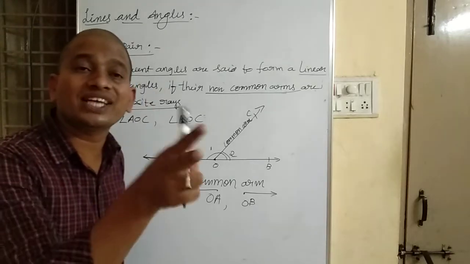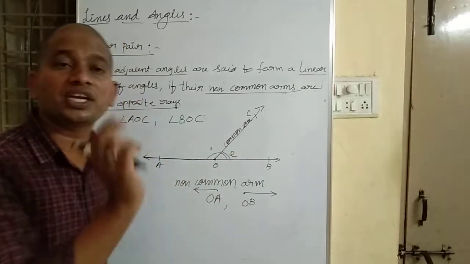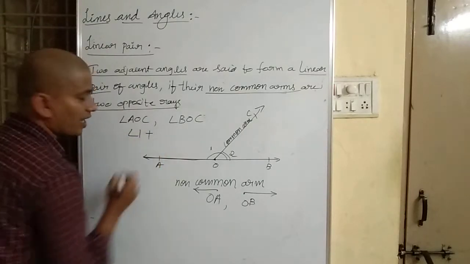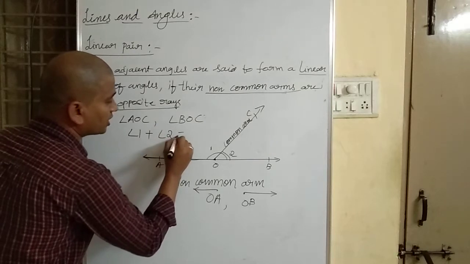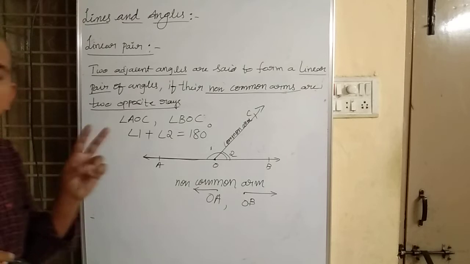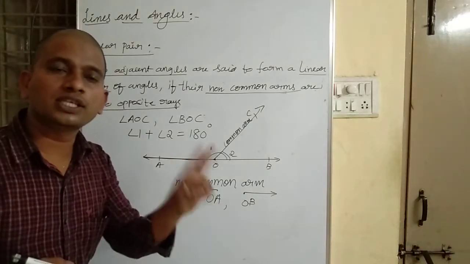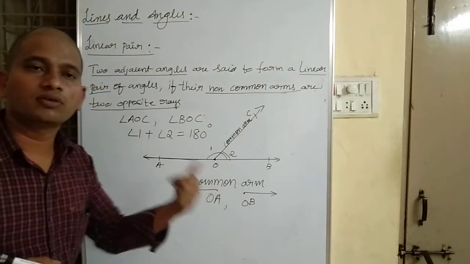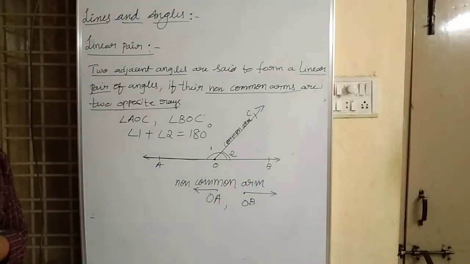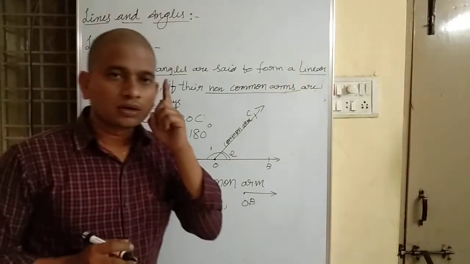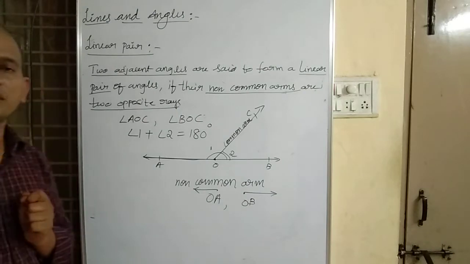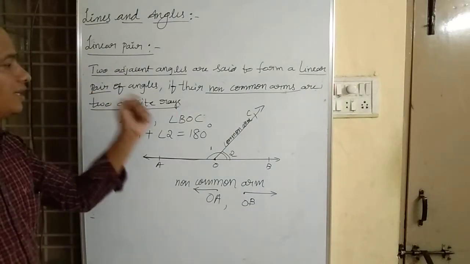The sum of the two adjacent angles is equal to 180 degrees. I mean, angle 1 plus angle 2 is equal to 180 degrees. Then we say that it forms a linear pair. So that is about linear pair.